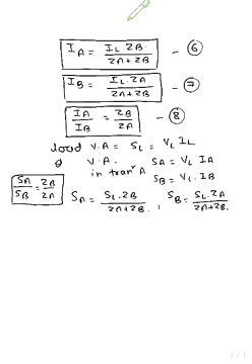If we multiply by VL on both sides of equations 6 and 7, we find SA is equal to SL into ZB upon ZA plus ZB. Similarly, SB is equal to SL into ZA upon ZA plus ZB.